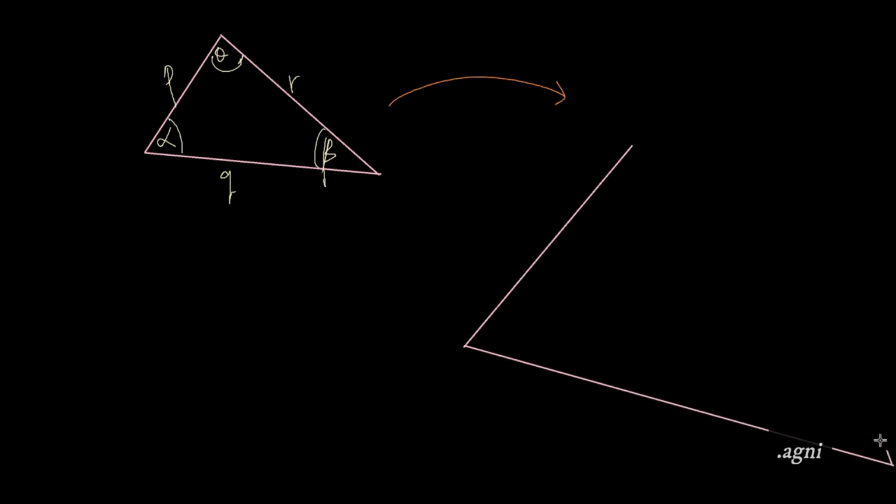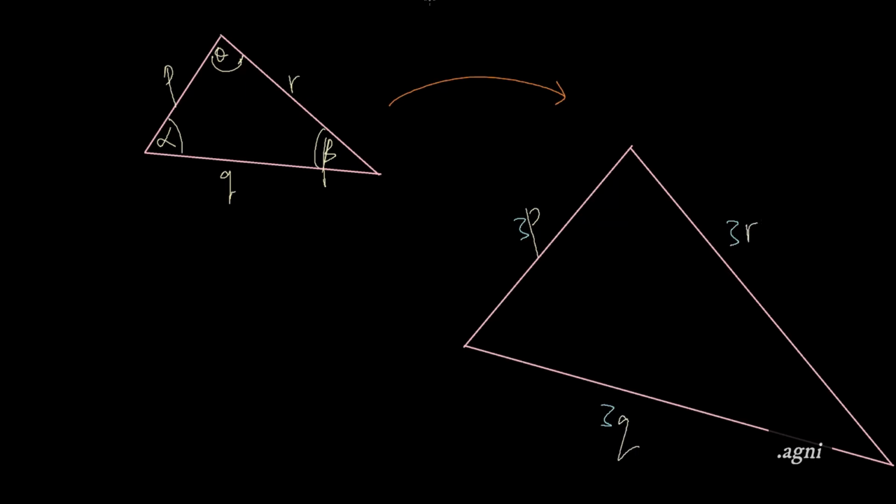Okay. Right? So this new side is going to be 3 times P. This is 3 times Q. This is 3 times R, right?